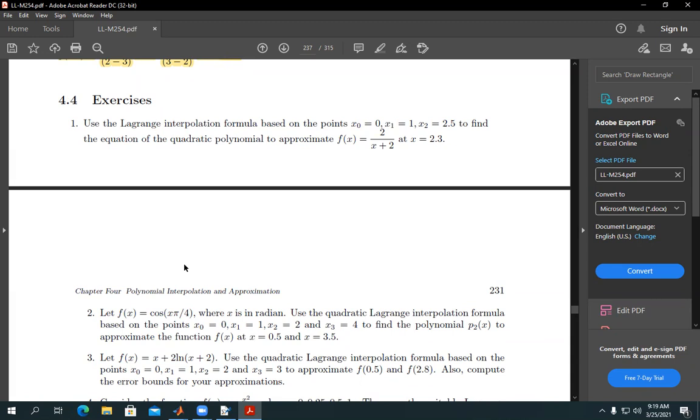The timing is from 8:30 to 9:30. So you have 45 minutes, same thing, 45 minutes. Most probably we will start at 8:30, so you have to finish by 9:15.